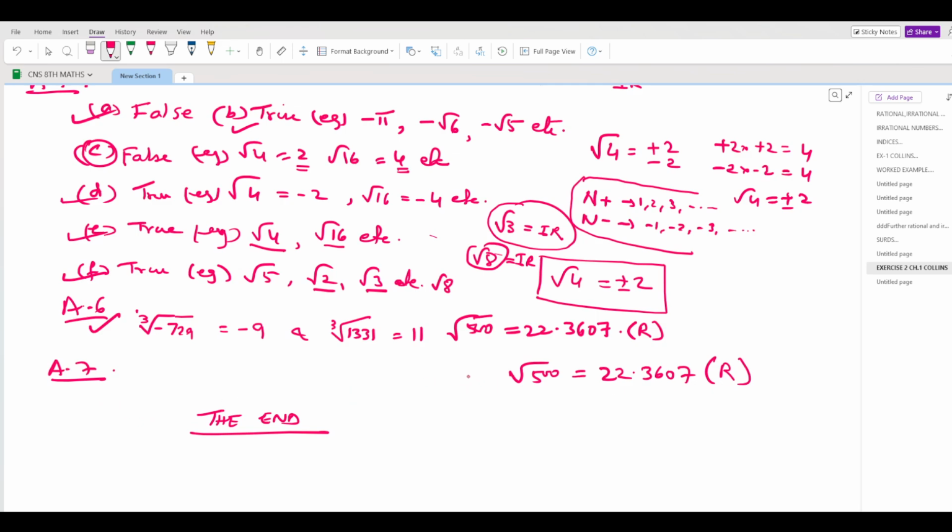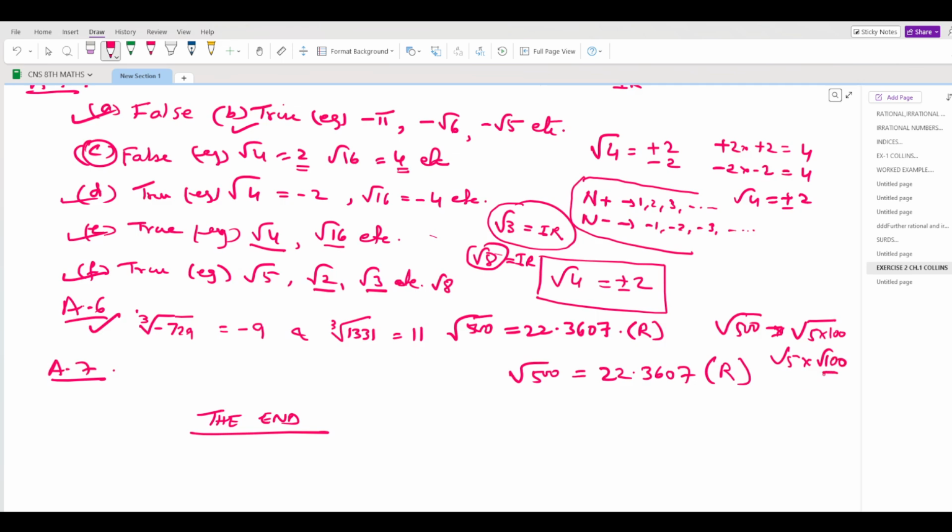But by theory, if you go, root of 500, is 500 a perfect square? No, because 500 can be written as root of 5 into 100. This can in turn be written as root of 5 into root of 100.